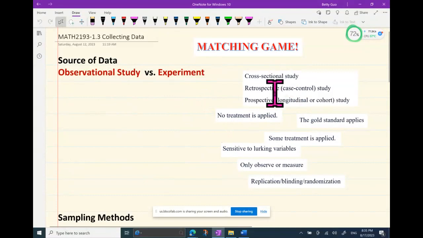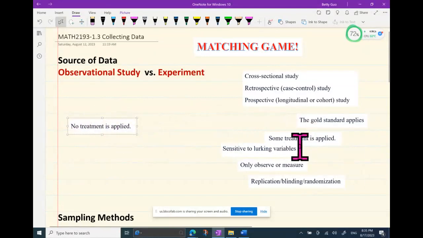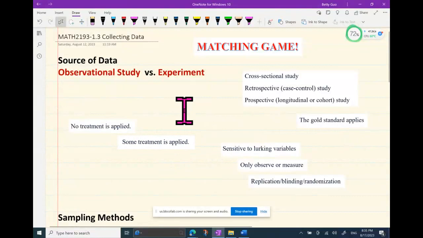Okay, let's give it a guess. Try those two first. Which one do you think has some treatment applied? Which one does not have any treatment applied? Think about the name.